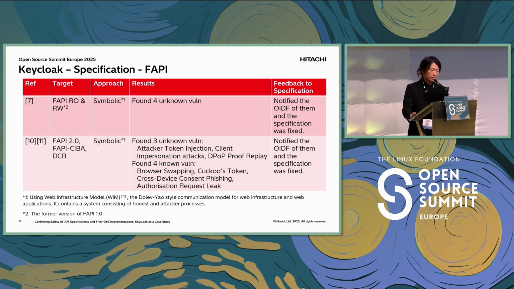The main objective of FAPI is to harden the security aspects provided by OAuth 2.0. Therefore, FAPI is intended to be used by systems that require a high security level, for example, systems providing financial services to end users via APIs.